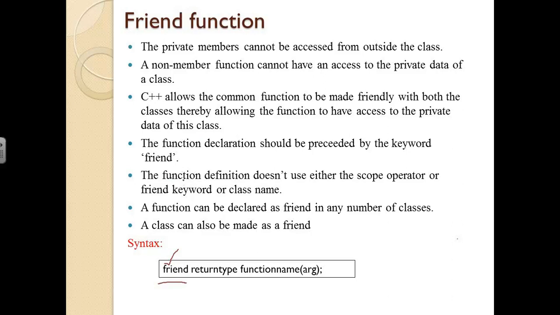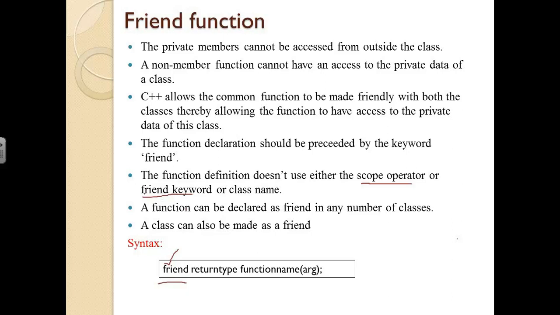The friend function definition will not use the scope resolution operator, right? In the normal case, when we define a member function outside the class declaration part, we use the scope resolution operator. But a friend function will not have the scope resolution operator, and it won't have the friend keyword either. The friend keyword is used only in the declaration part.